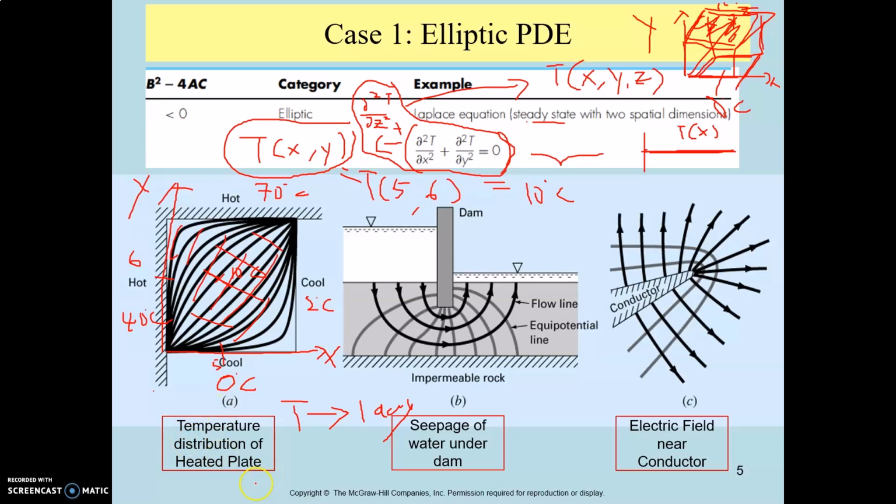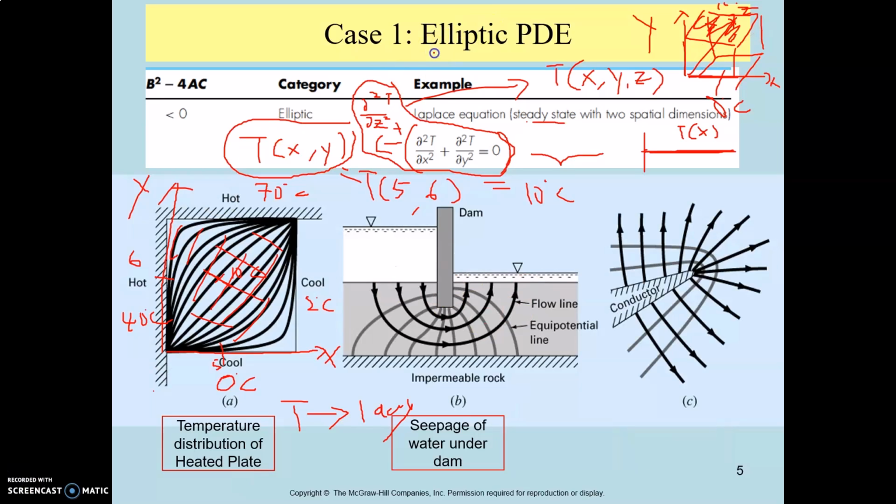Besides the temperature distribution, we can also use the same PDE to find the water flow. Let's say you have a dam. The water flow pattern and velocity is steady state in this case.